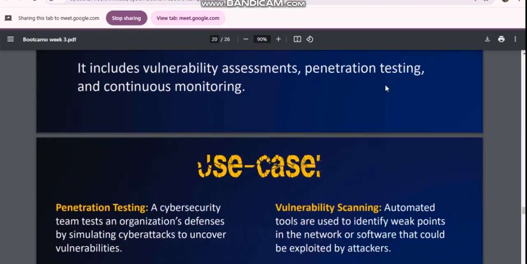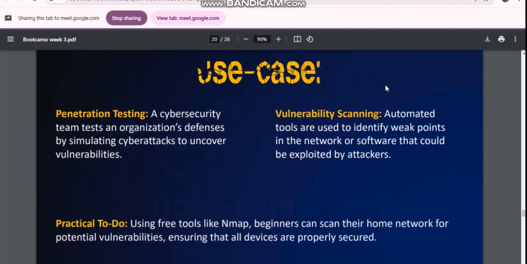In this particular domain, security assessment and testing, what I made sure to do in this few weeks bootcamp is that for all the major projects or the major skills or works involved in cybersecurity, we get to practically touch one or two or three of them during the course of this program.